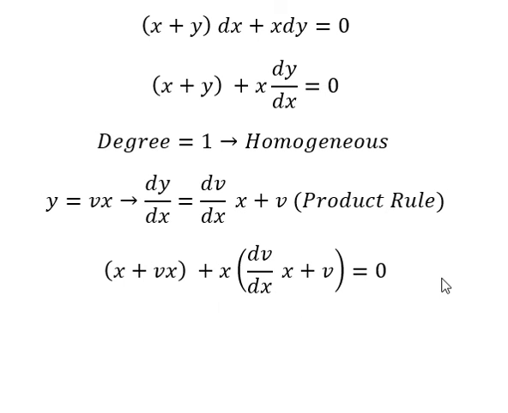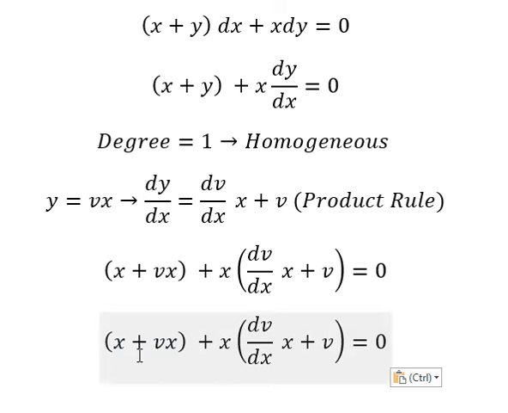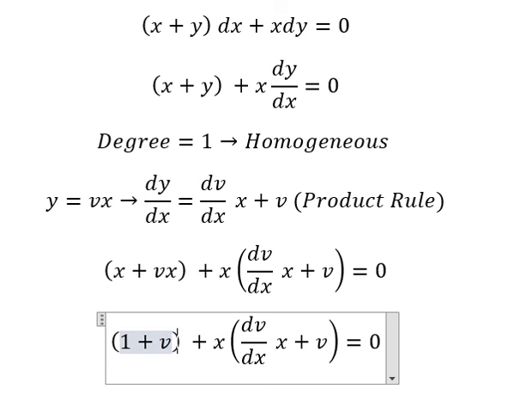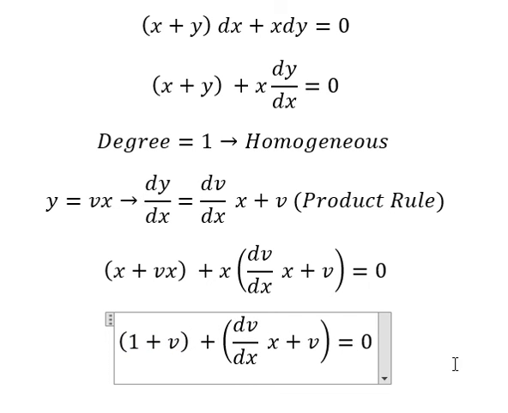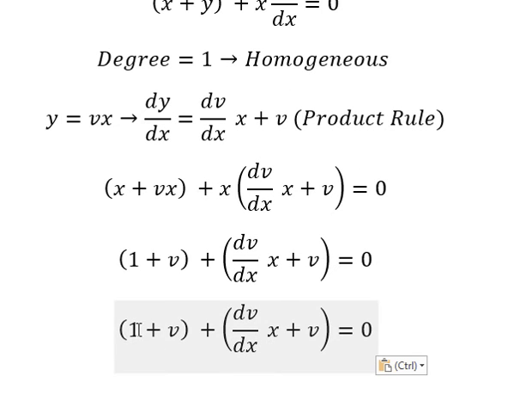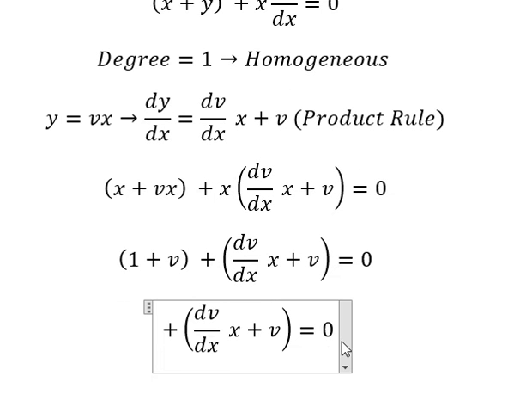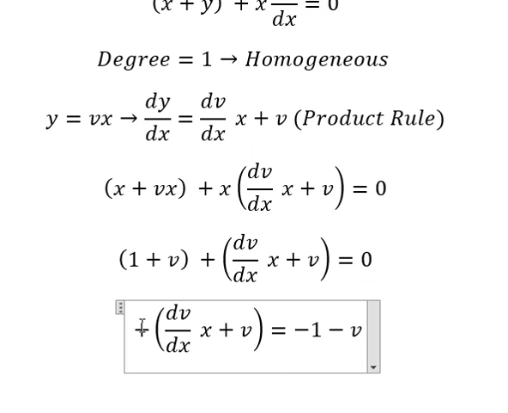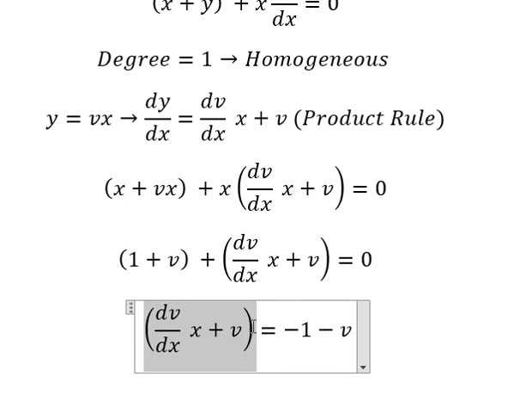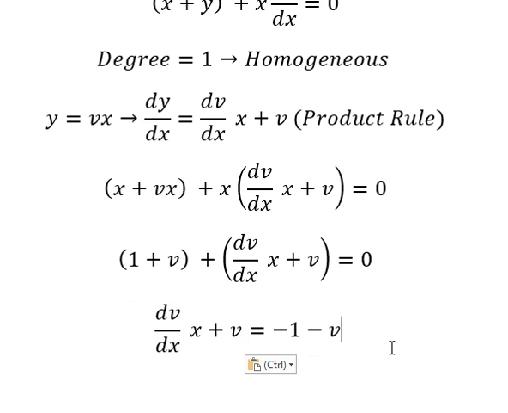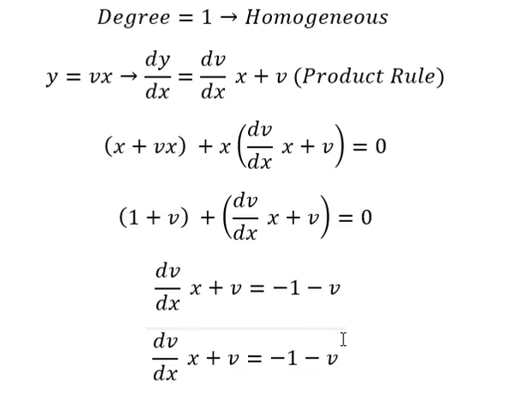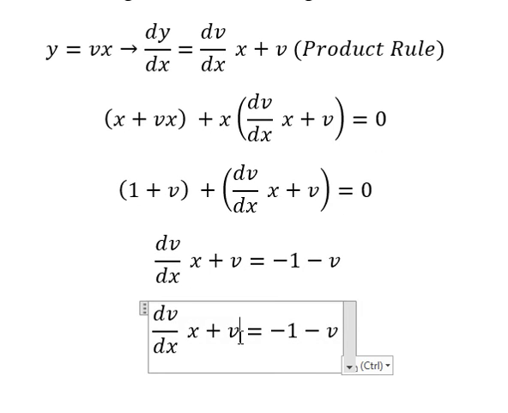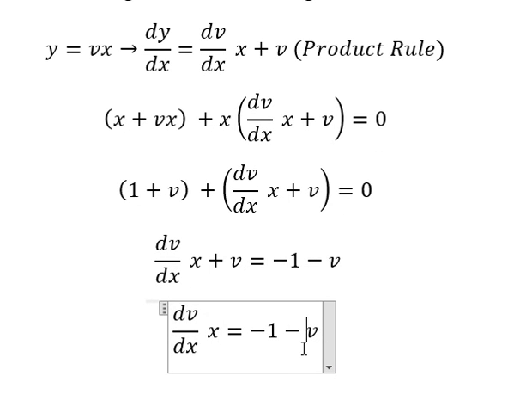Next, we simplify s for both sides. So I will put this one go in here. Next, I will put v go here, and we have negative 2v.